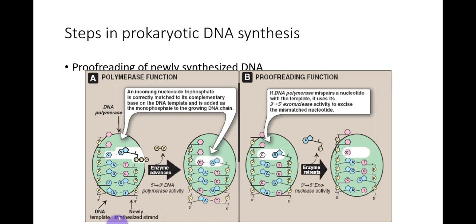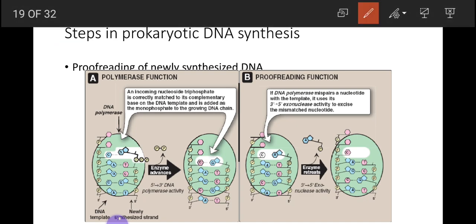This diagram shows the 2 types of activity of the DNA polymerase. One, which we have already discussed, is 5' to 3' polymerase activity.